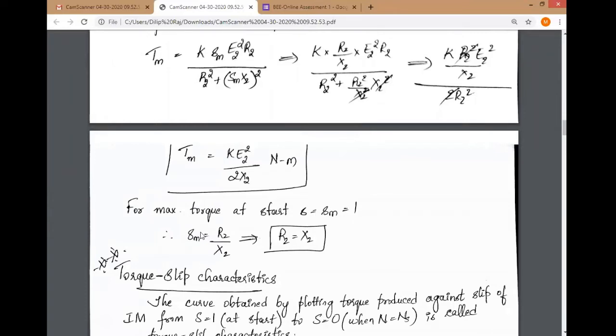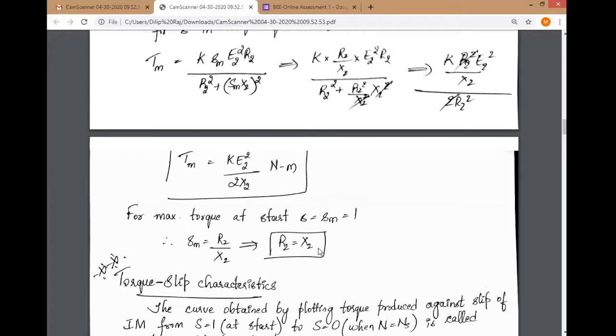So to obtain the maximum torque at starting itself, Sm, which we know is R2 by X2, should be equal to 1. So R2 should be exactly equal to X2. Whenever the rotor resistance is made the same as the rotor reactance at standstill, we can obtain the torque value maximum at starting itself. So the torque is going to be maximum at starting of the motor.